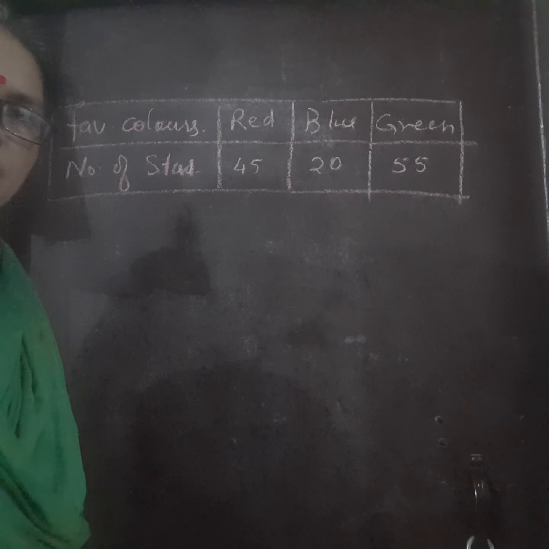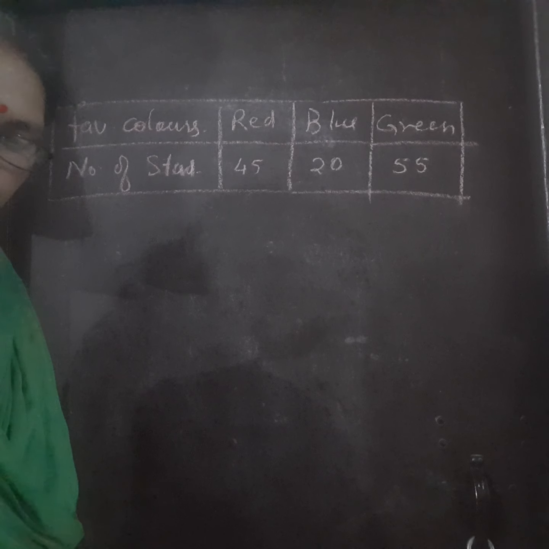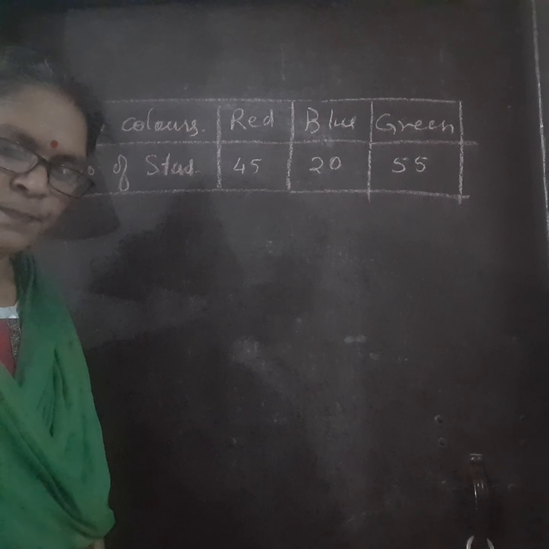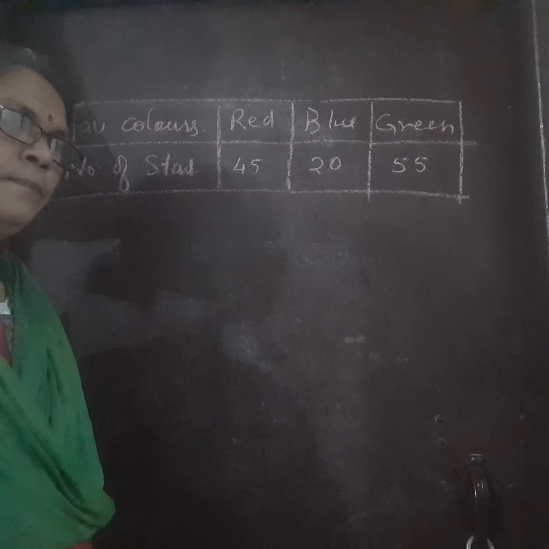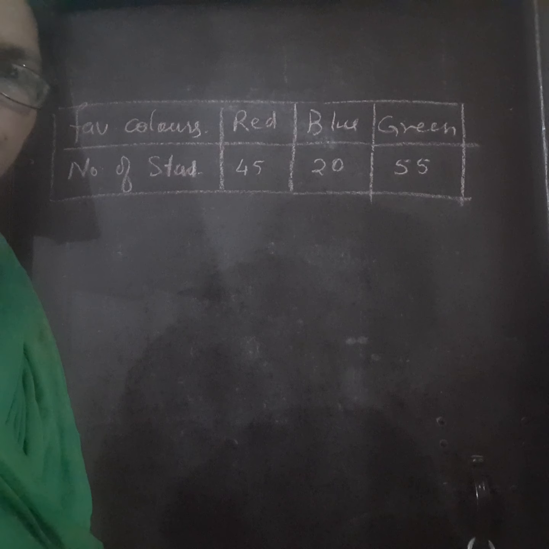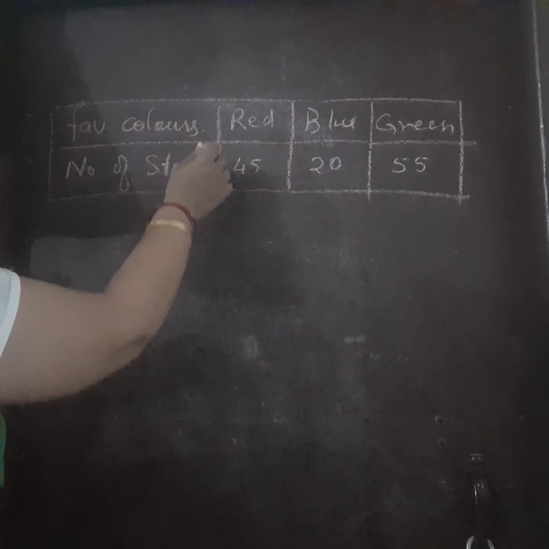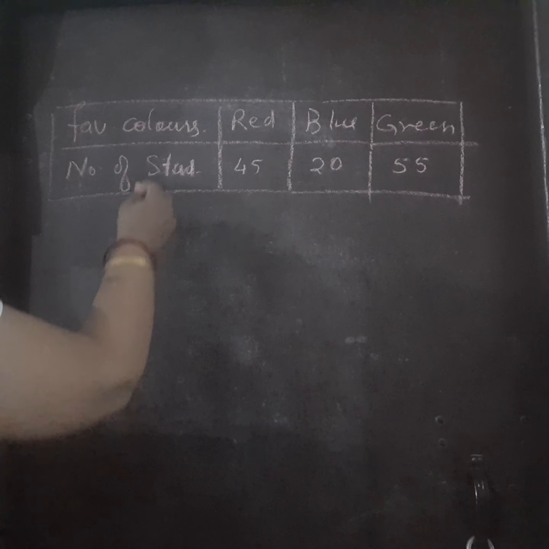Means all the bars' width and distance should be uniform, and this representation by using bars on the graph page is called bar graph.